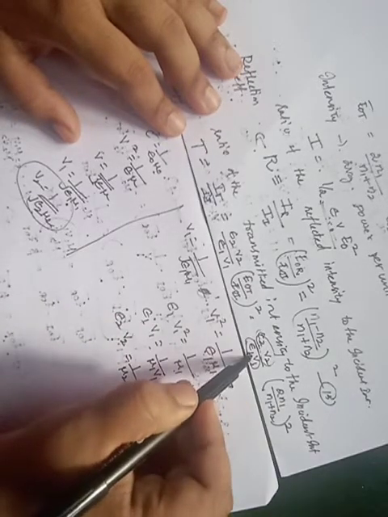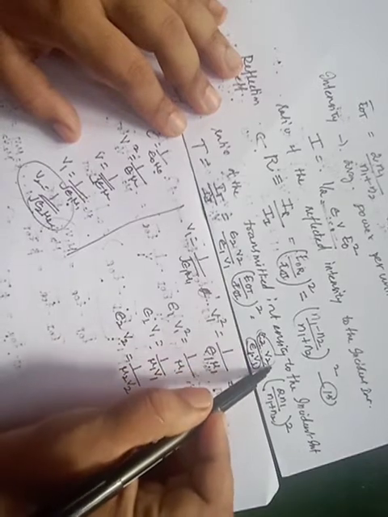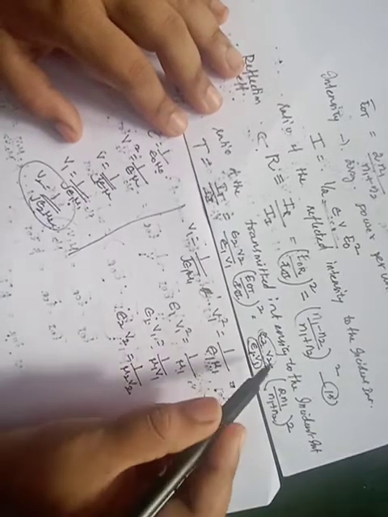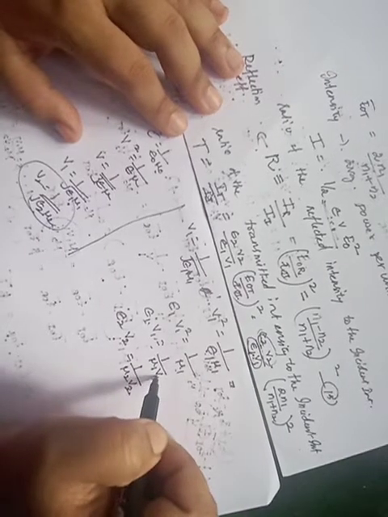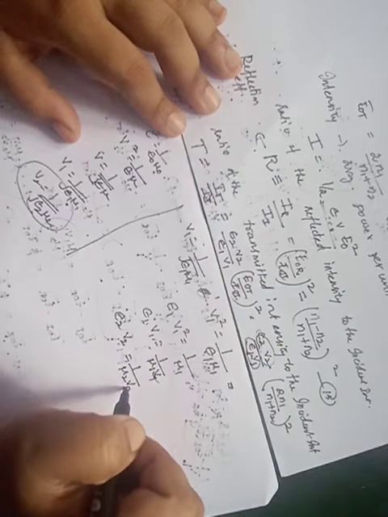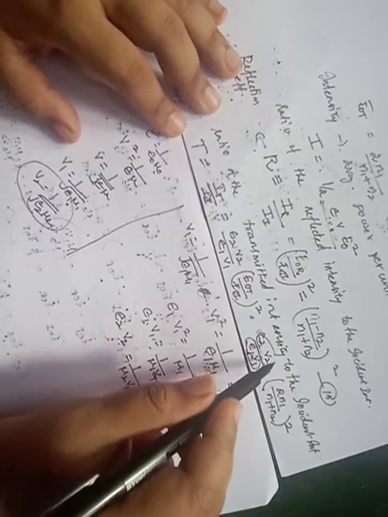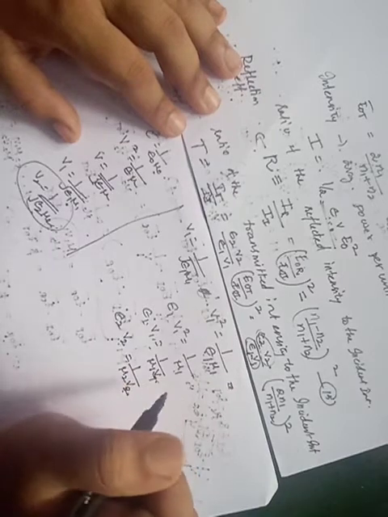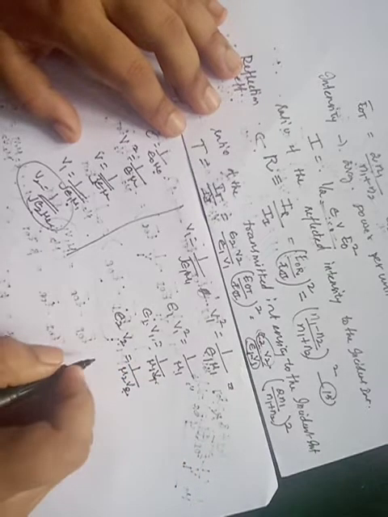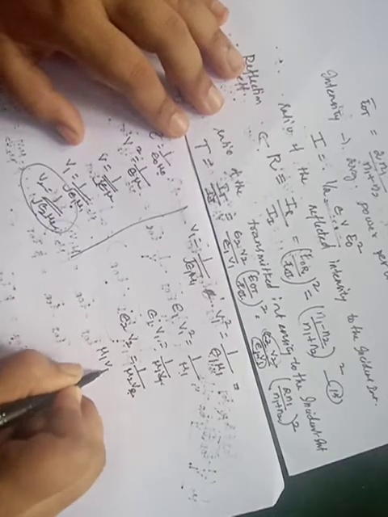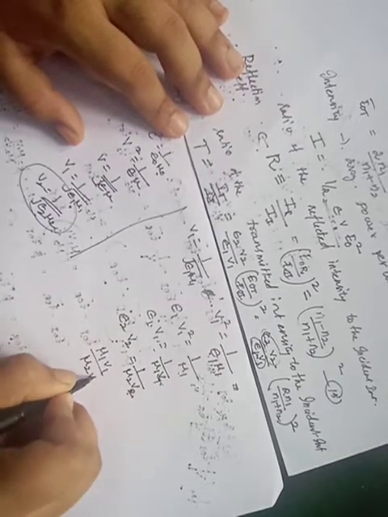So instead of epsilon 2 V2, we write 1 by mu 2 V2, and instead of epsilon 1 V1, we write 1 by mu 1 V1. Since we have this reciprocal, this term will be in the numerator and the other in the denominator. So we can write mu 1 V1 by mu 2 V2.